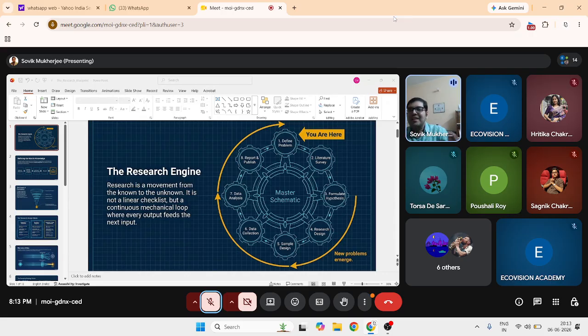Now there are different steps in a research process. When we normally teach research methodology, we start with the different types of research and why we do research.